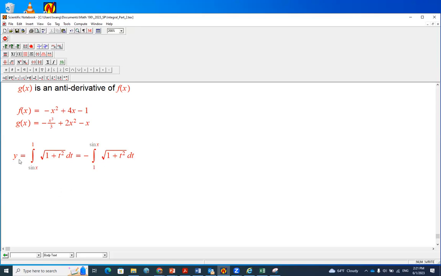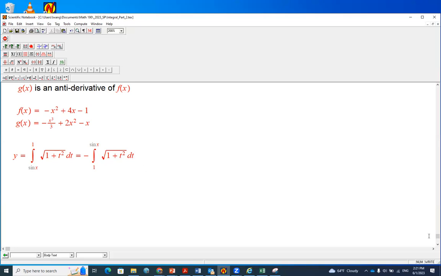In this case, the integration of this function is a little hard to find, because it's hard to find the antiderivative of square root of 1 plus t squared, at least not yet. And that's common. Sometimes it's very hard.